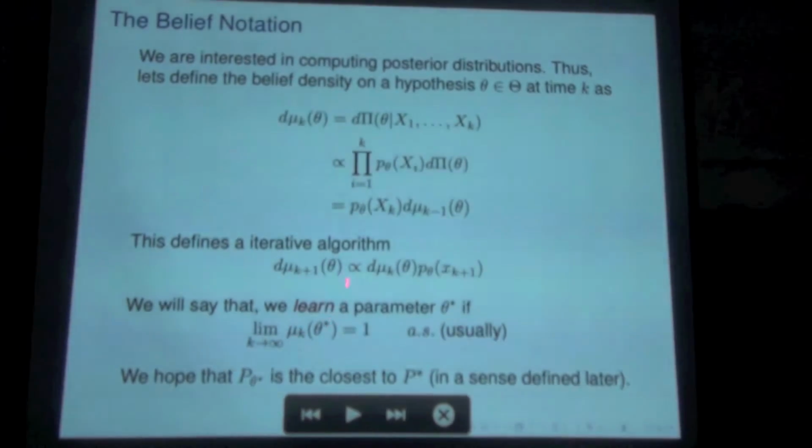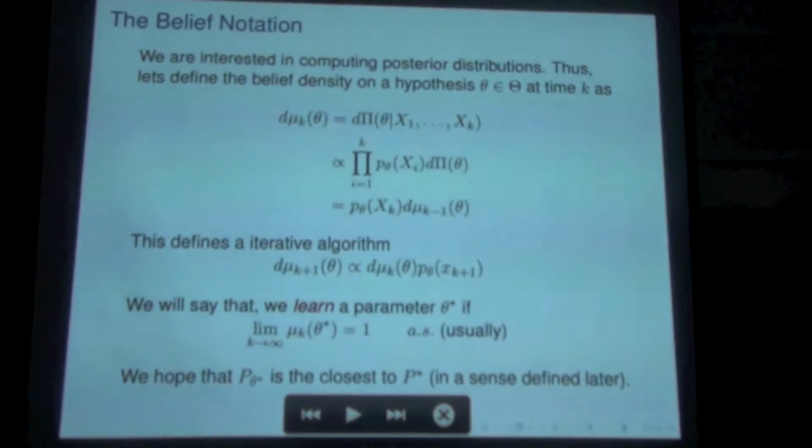So remember, mu is a probability distribution over the parameter space. I will say I learn a parameter if this probability distribution concentrates around one value. And then I say I learned that value. That's the definition of learning.